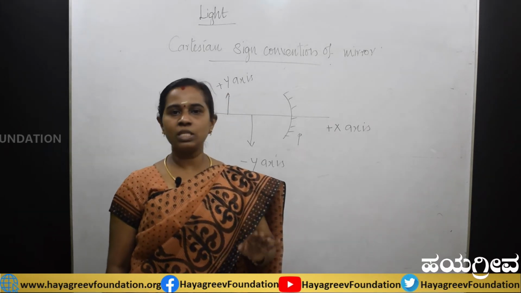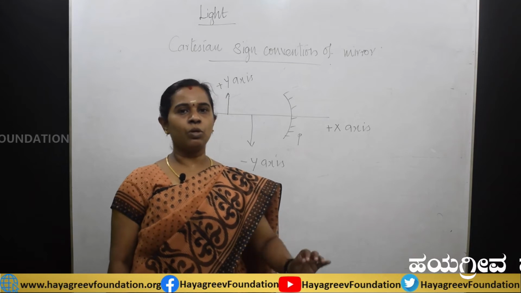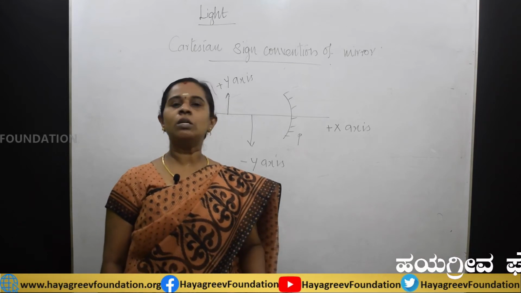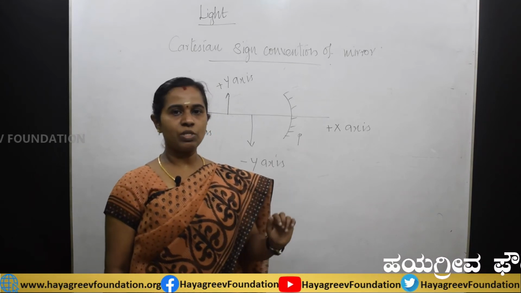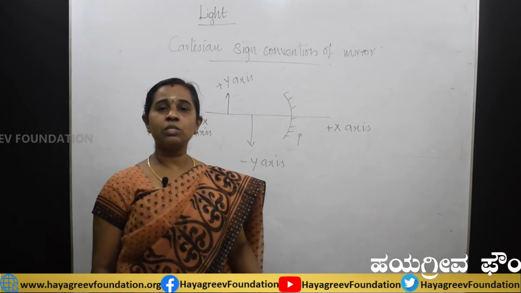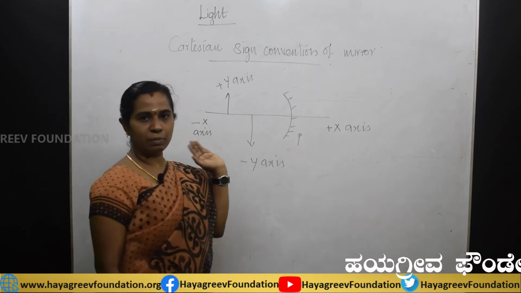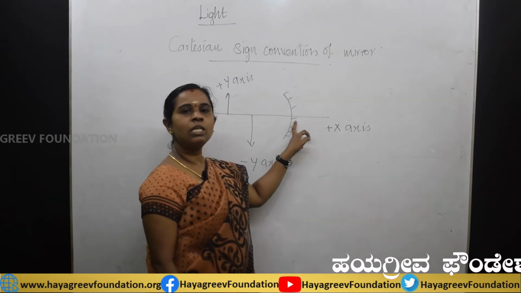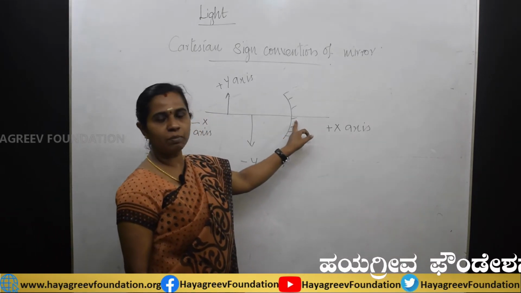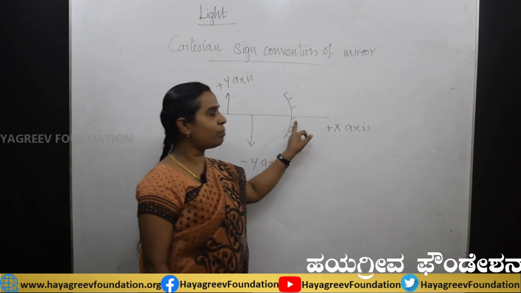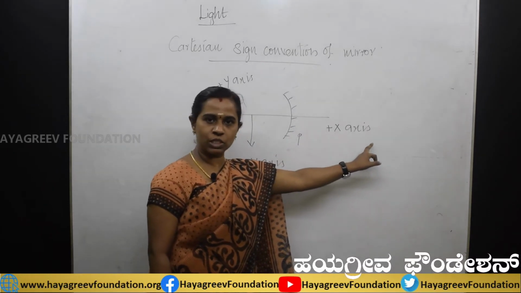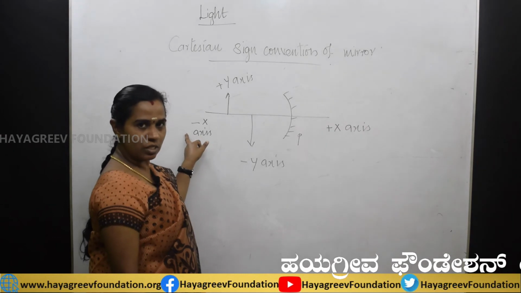With the help of this sign convention only, we solve problems using the mirror equation and other equations, so we need to use the sign convention clearly. One more time I'm repeating: all the distances we measure from the pole of the mirror. Distance measured in the positive x-axis direction is positive, in the negative x-axis direction is negative.